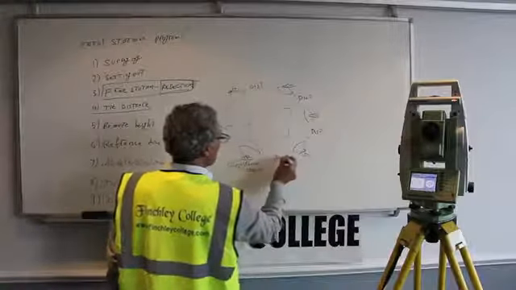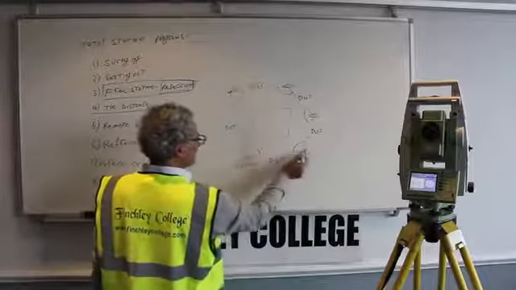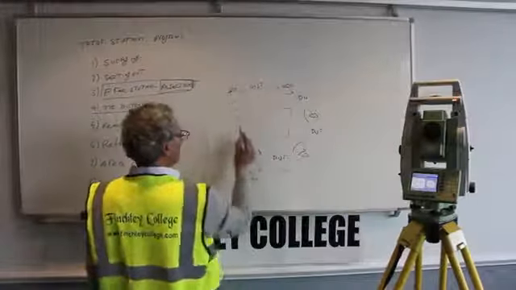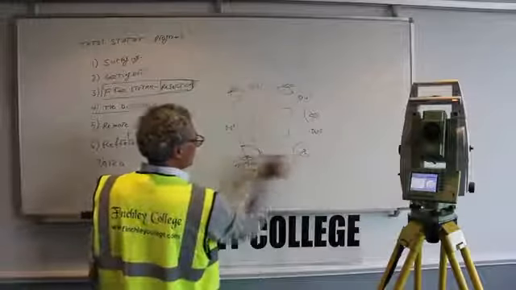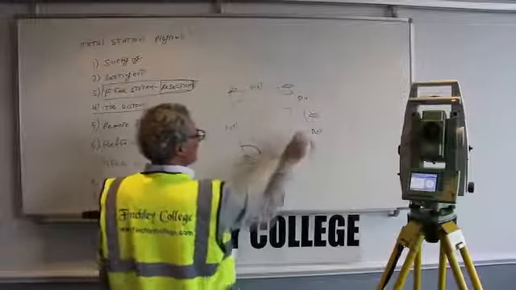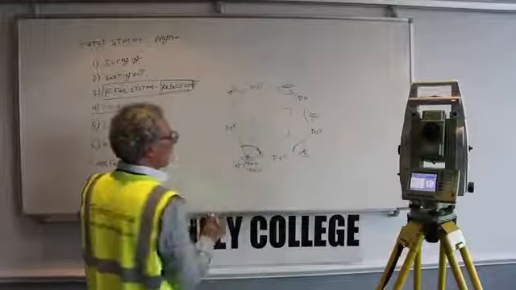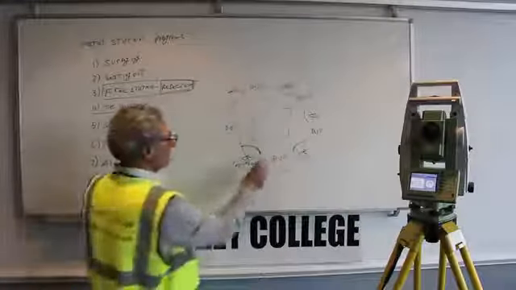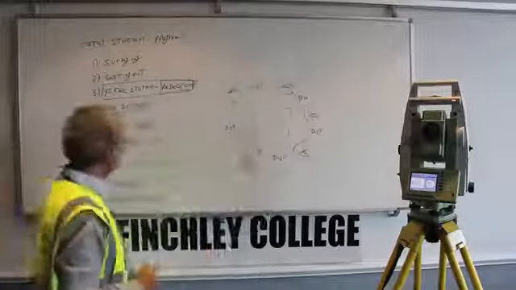So first of all, you measure the internal angles between each leg. You set up here, you start to this point, you read the internal angles, and then you measure the distances, and then you feed this to the instrument and it will give you the coordinates.